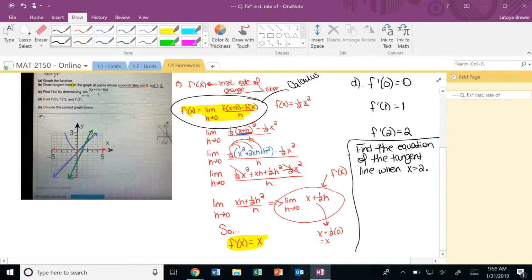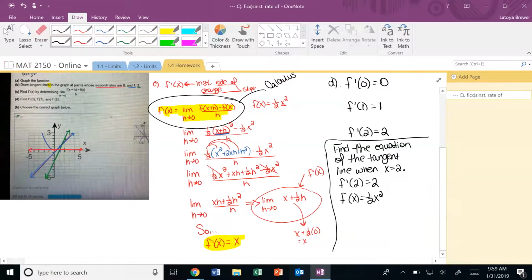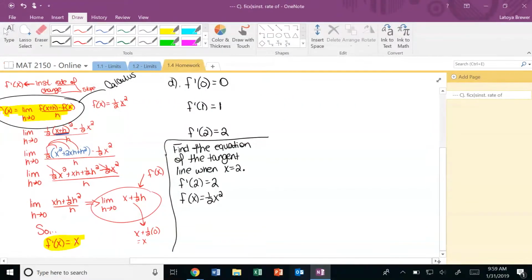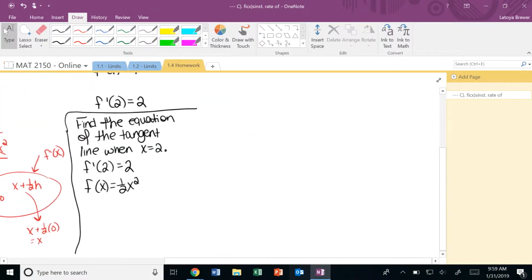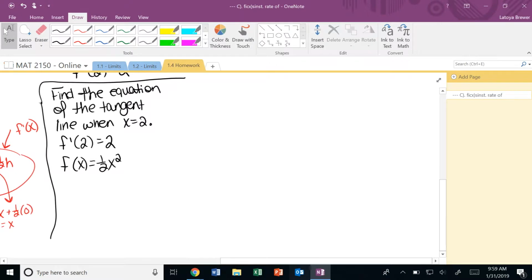Okay, so when x is equal to 2, here's what I do know. I do know that my derivative at that point, my slope at that point, is 2. And I know the equation of the function. I know what f of x is. My f of x is 1/2 x squared. So I'm going to move out of that screen because I'm extending that problem. I'm doing a little bit more than what I have to do here. So let's find the equation of that tangent line.